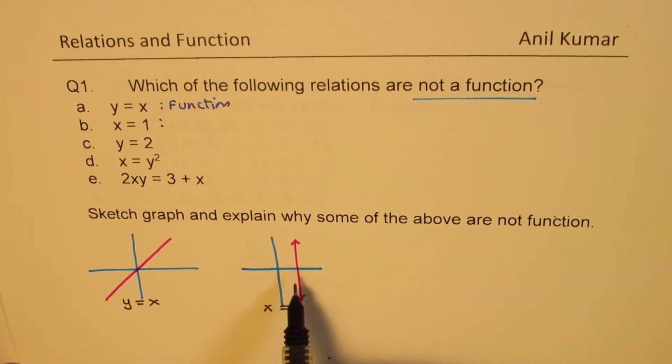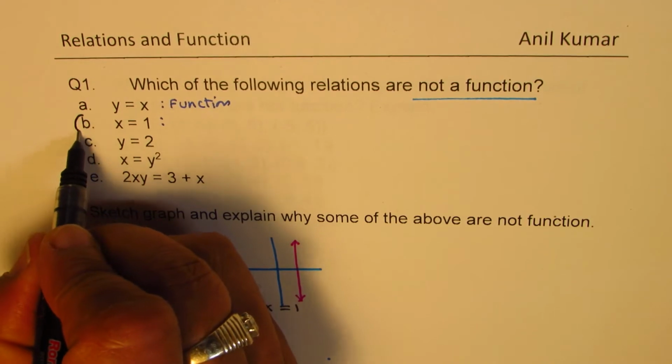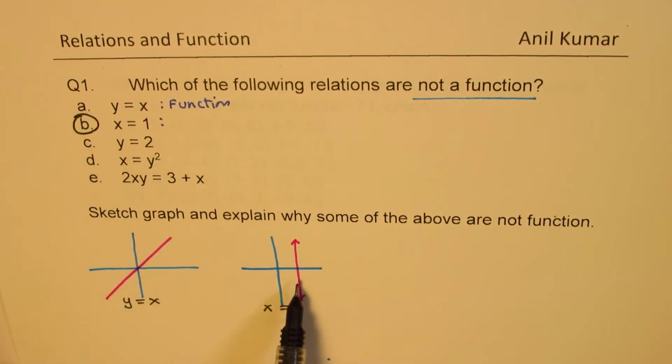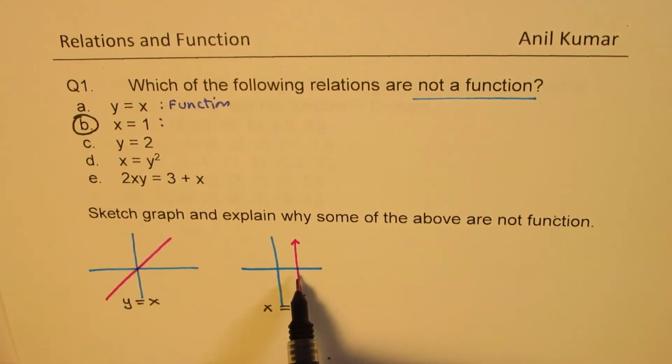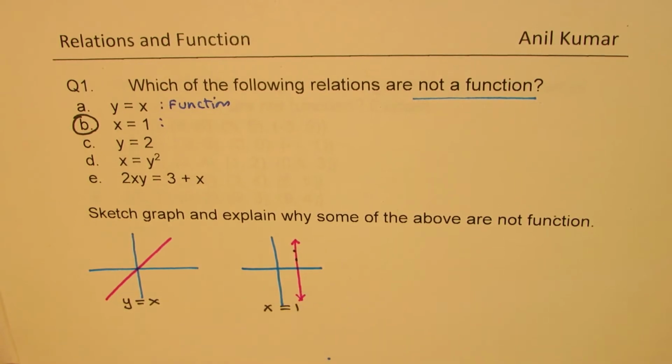Is this a function? Well, it is a vertical line. This is not a function, so we'll circle this one. Okay? It is not a function. For one value of x, we have many values of y. So it fails the vertical line test. There are so many values for x equals 1, right?